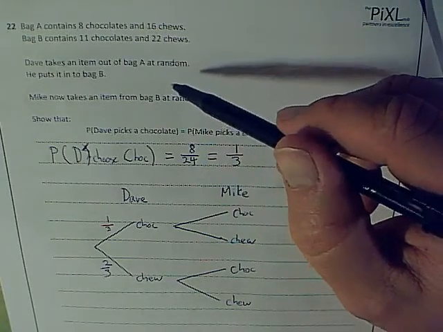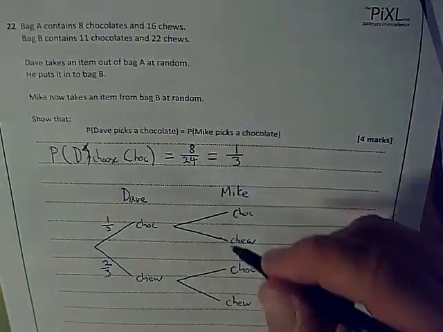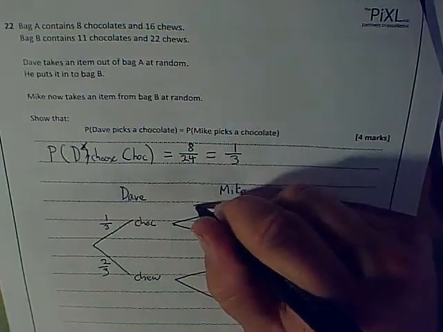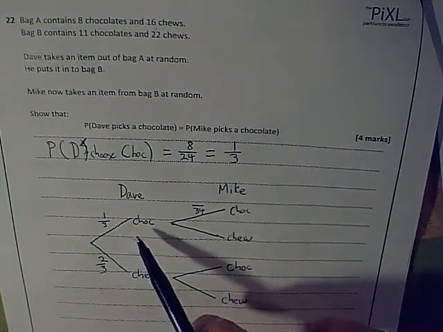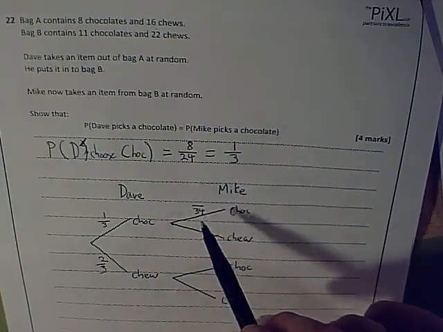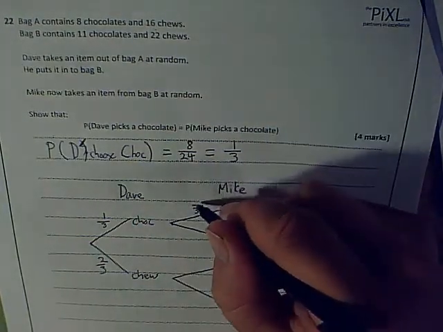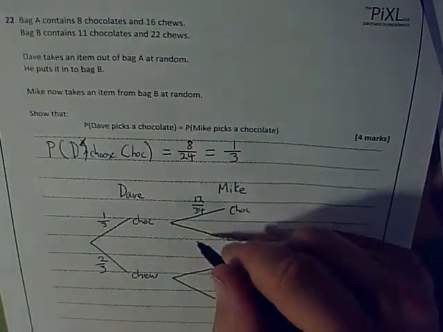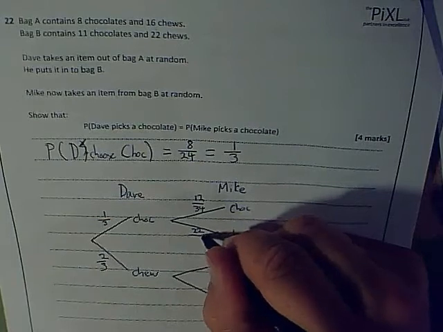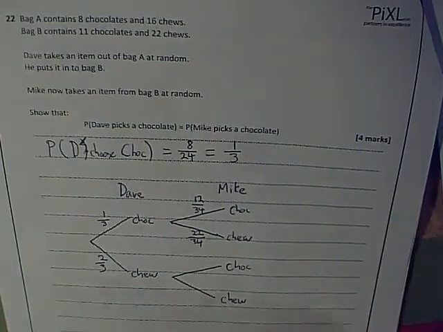But once Dave has put his additional thing in, there's going to be 34 things in this bag. Now, if Dave has chosen a choc, then he's putting the chocolate into this bag. So there's now not 11 chocolates in that bag B, but 12 chocolates. And there's still 22 chews.